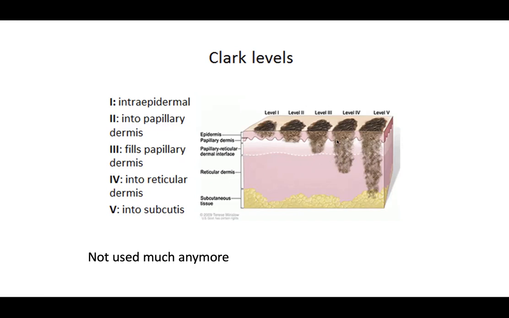And so many institutions will often report out a Clark level 4 because it's pretty easy to get to the reticular dermis. In fact, the papillary dermis border, some could argue, is even a little bit higher than that, as depicted in the cartoon here. But the most important thing is that these are always going to come with a Breslow thickness. And so whether or not someone calls it a 3 or a 4 on the Clark level, it really comes down to the Breslow thickness.